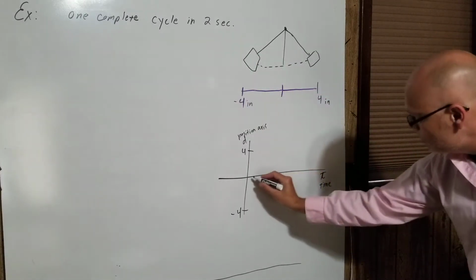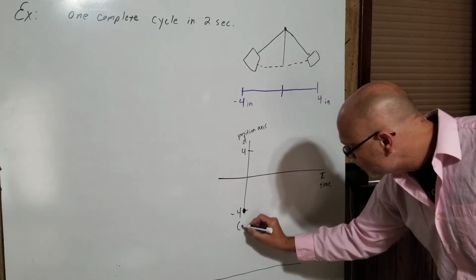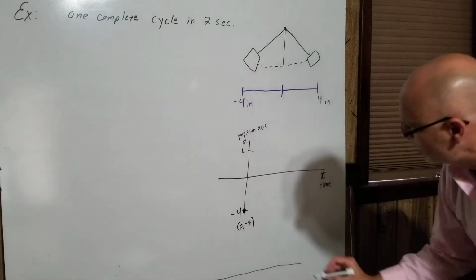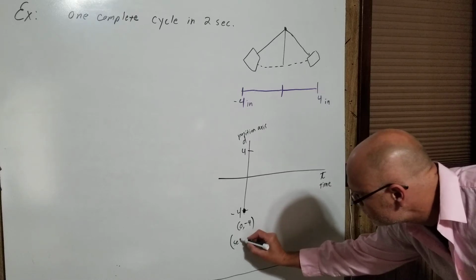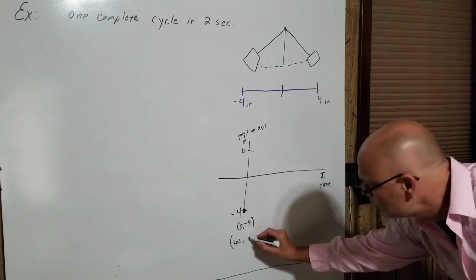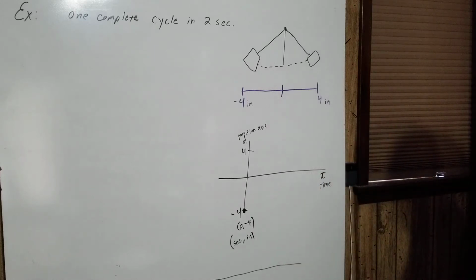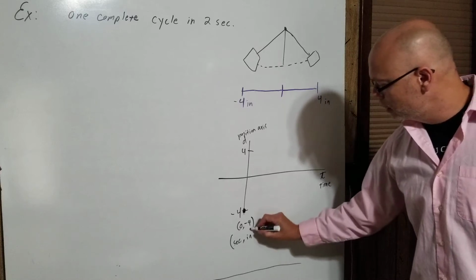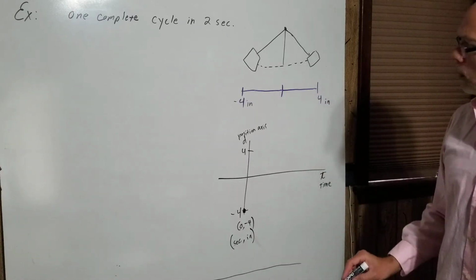So at my time being 0, I'm at the point negative 4. That gives me the ordered pair 0, negative 4. Remember, this ordered pair is time in seconds and then position in inches. So we have the point 0, negative 4.